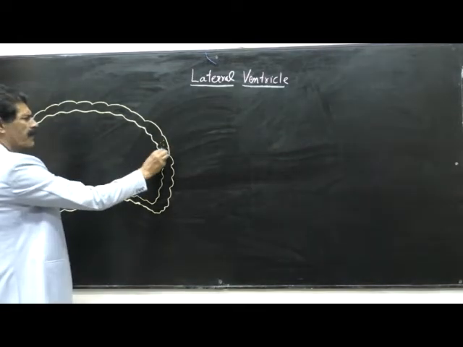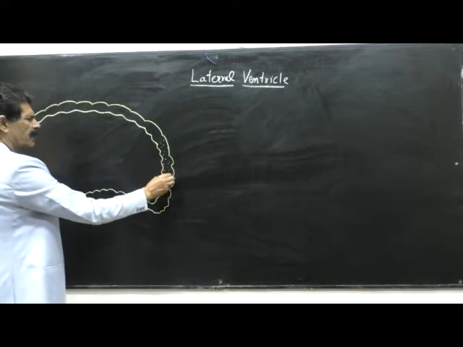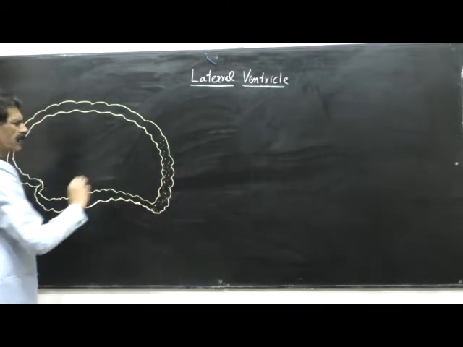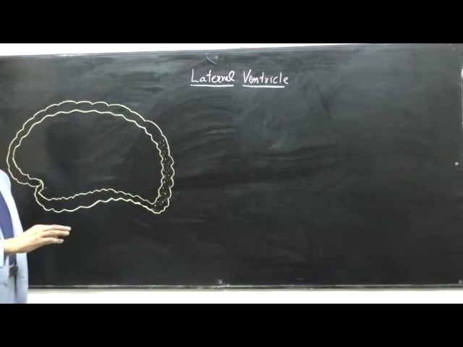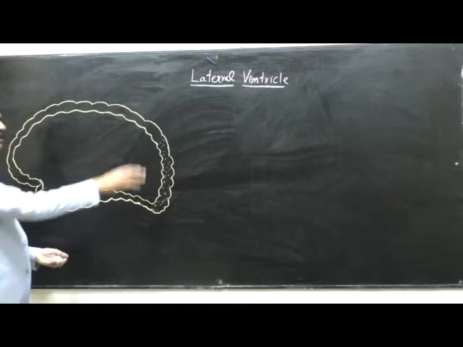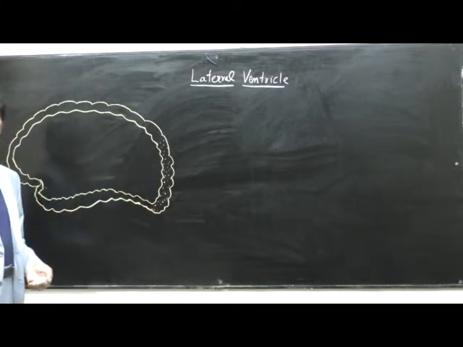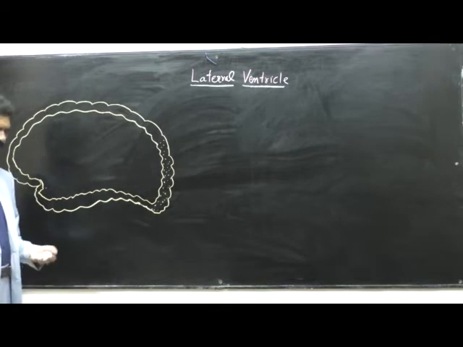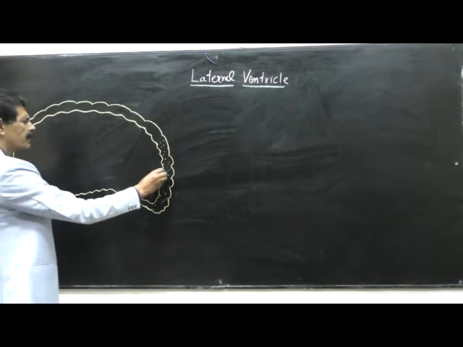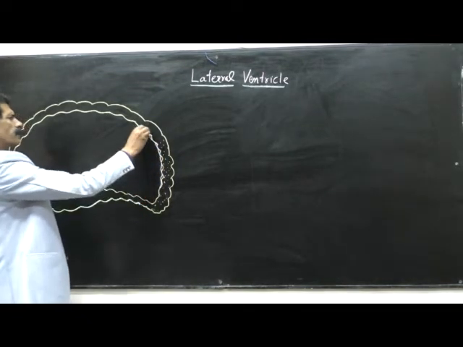So this was the grey matter. This is called the cerebral cortex because it was only at the periphery. In this stage, there was no development of the basal ganglia or the hippocampus and other grey matter. And the whole inside of the developing cerebrum was lined by the ependyma.